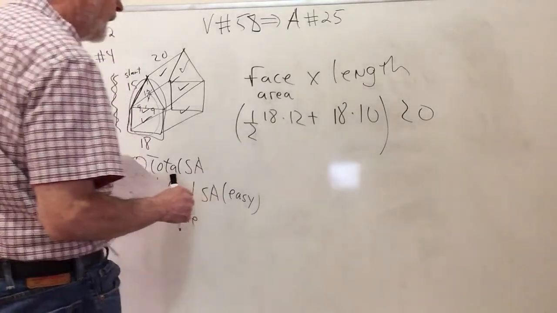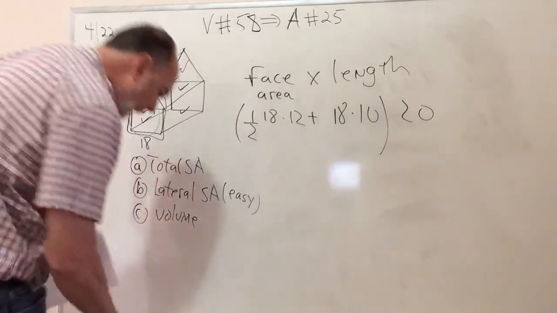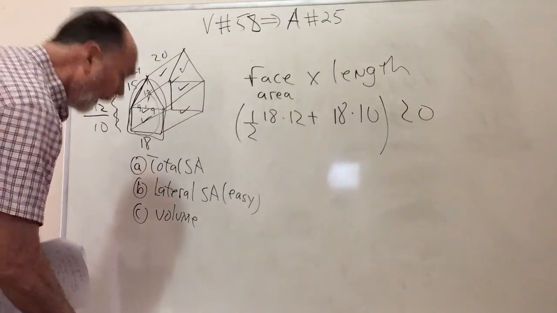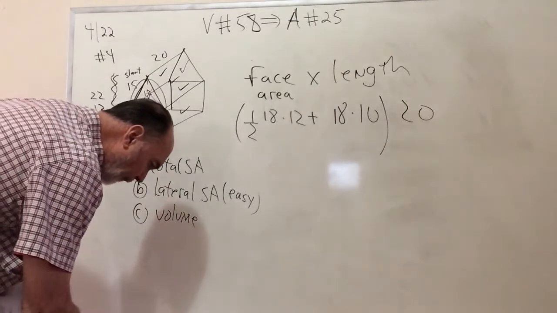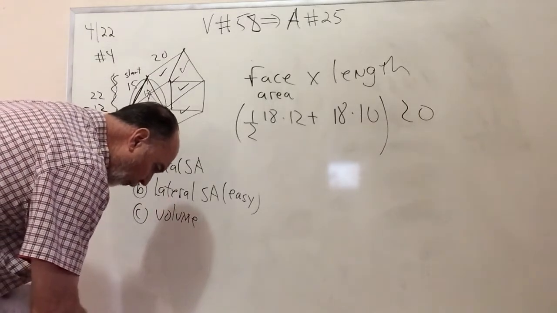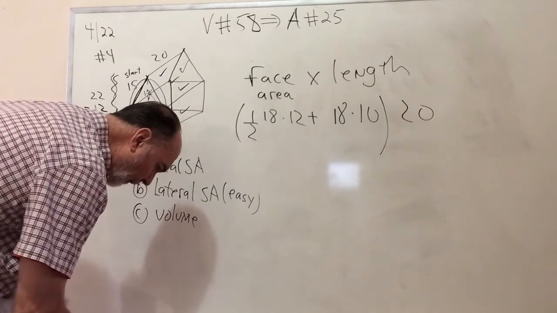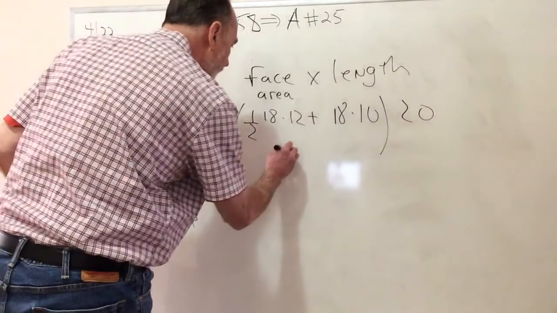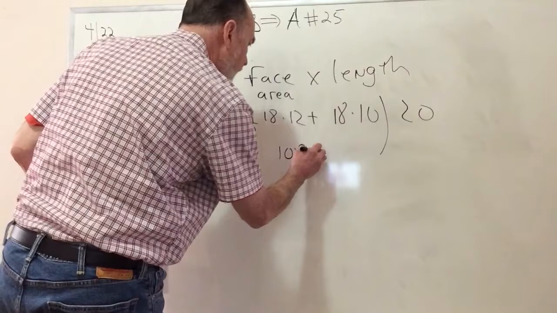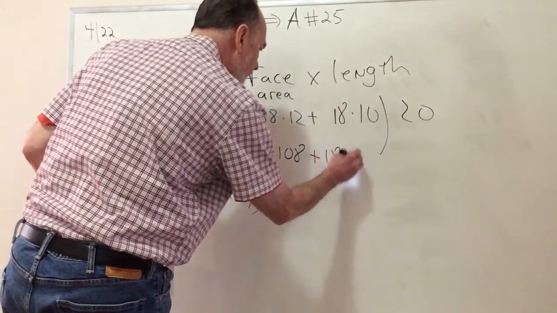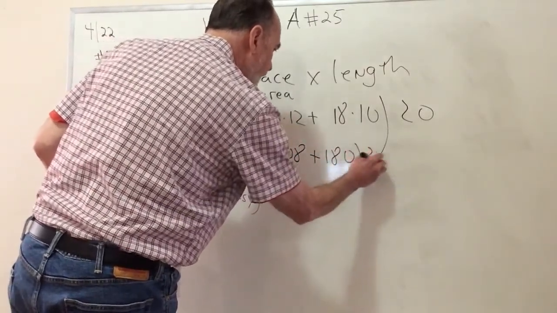So let's see, 6 times 18, or 9 times 12. We'll do 9 times 12 here. Don't want to waste time. And this is 108 plus 180, times 20.